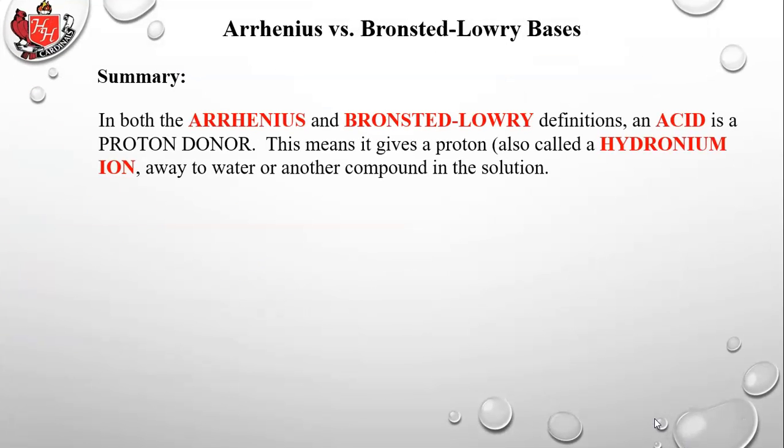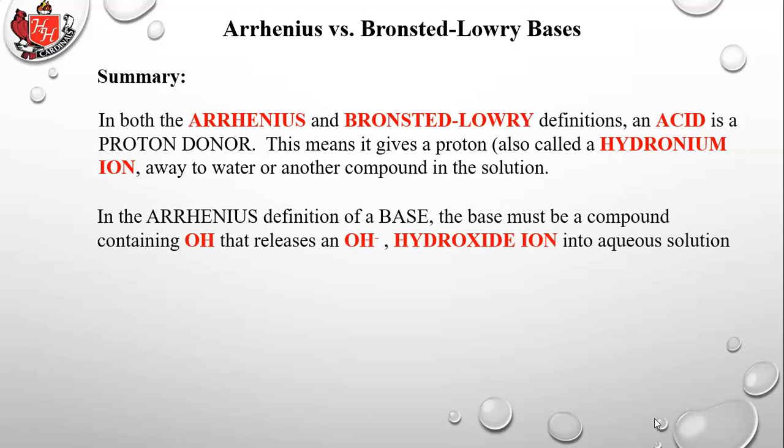So here's a summary of the two definitions. In both the Arrhenius and the Bronsted-Lowry definitions, an acid is a proton donor. This means that it gives a proton, called a hydronium ion, away to water or another compound in the solution.